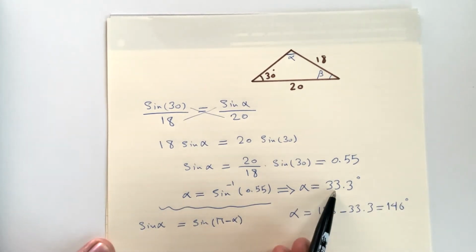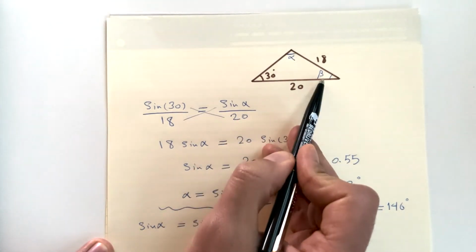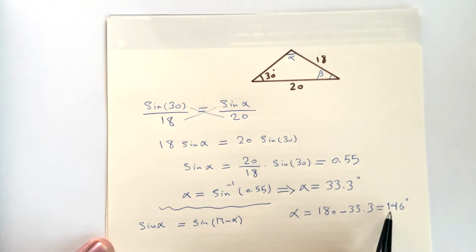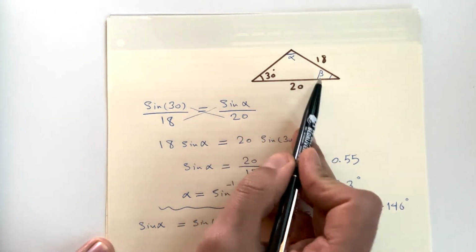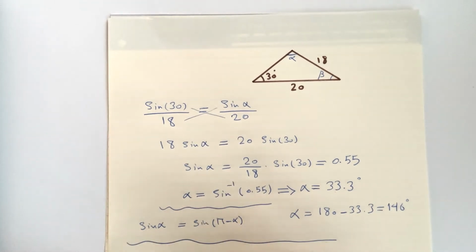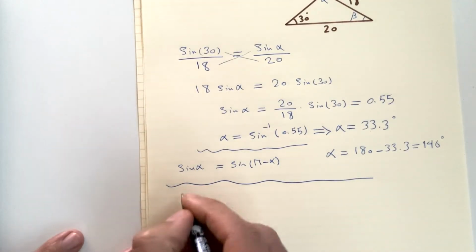So I can use the 33.3 here and then calculate beta, or I can assume alpha as 146.7 and then calculate beta. So let me use both here.